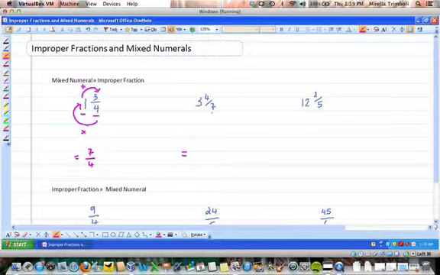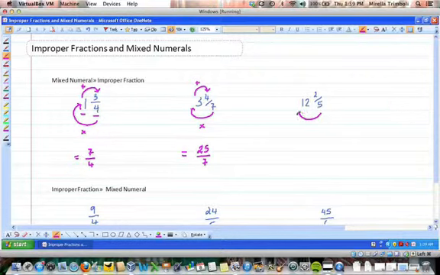Okay, so for the next one, we have 7 times 3 is 21, and then 21 plus 4 is 25. So we have 25 over 7. And the last one, we have 5 times 12 is 60, and then 60 plus 2 is 62. So we have 62 over 5.